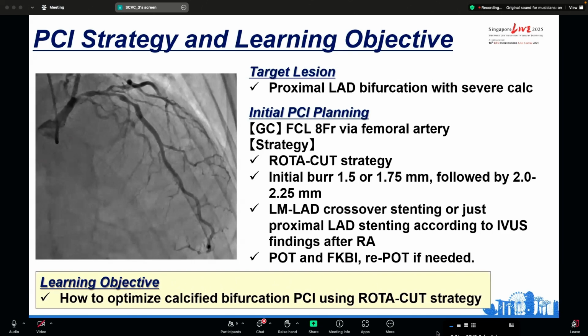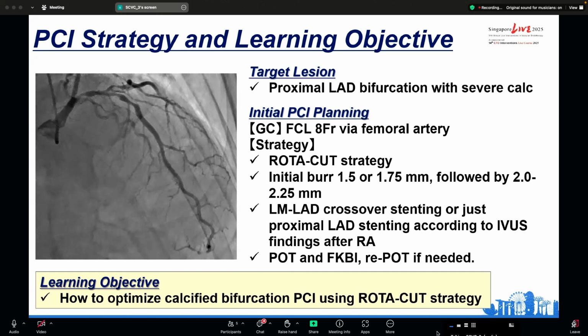The PCI strategy and learning objective are as follows. The target lesion is the proximal LAD bifurcation with severe calcification. In this case, the right femoral artery approach was utilized, and an 8 French FCL was chosen for the guiding catheter. We plan to implement the Rotacut strategy.